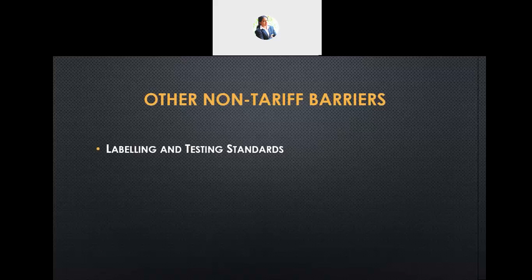Labeling, or for that matter even testing standards, are insisted upon to ensure the quality of goods seeking access into the domestic market. But many countries use them as protection measures. Such measures are complex and discriminatory barriers to international trade. At the same time, they are one of the most difficult ones to control as compared to other barriers to trade.